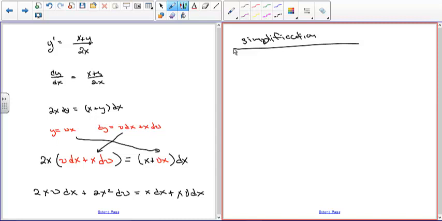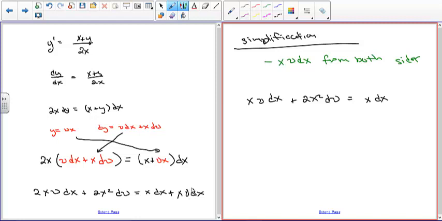So what I can do is subtract x nu dx from both sides, and I can eliminate one of the terms. So let's do that. What that leaves me with, on the left hand side, is 1x nu dx plus 2x squared d nu is the next term. The right hand side is x dx. This term's eliminated.